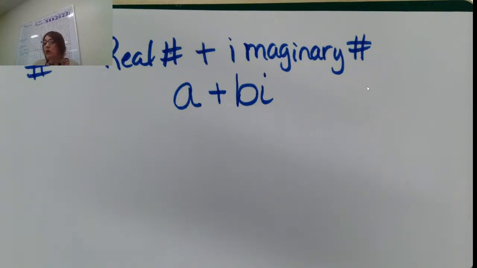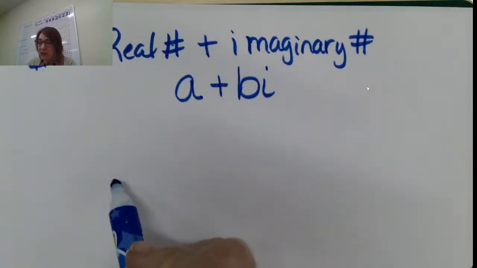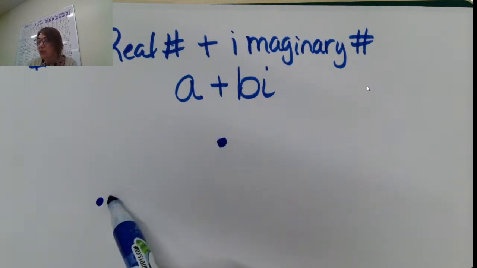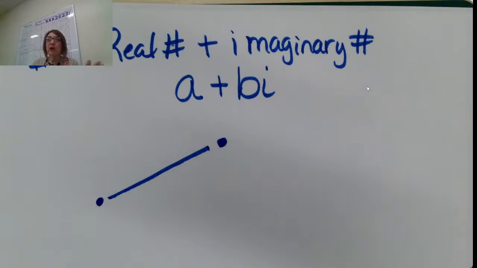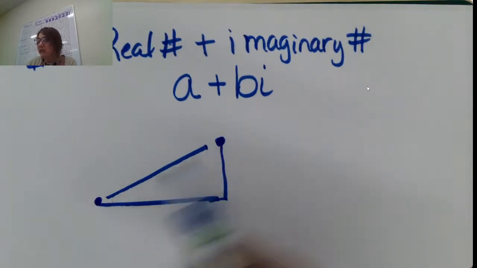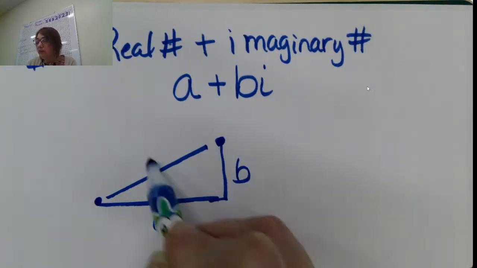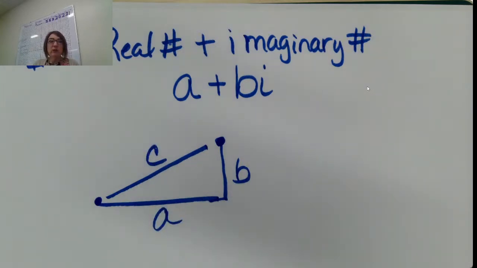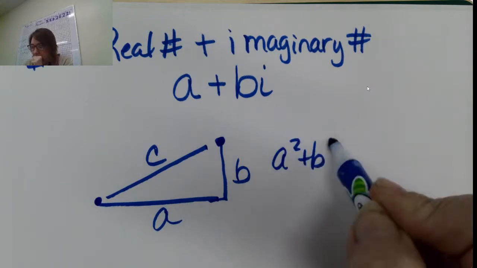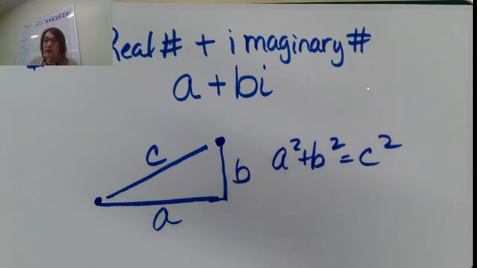Triangle. They knew that they were at this location and they wanted to go to this location. So to find out how long it would be, so they could calculate how long it was going to take them to get there, they would calculate this distance based on a squared plus b squared equals c squared, right? So this is one of the things that they did.